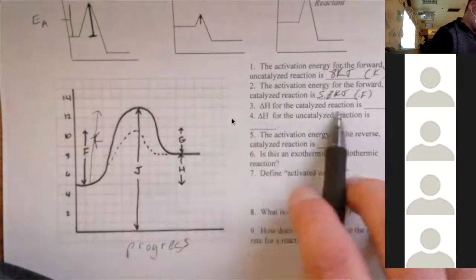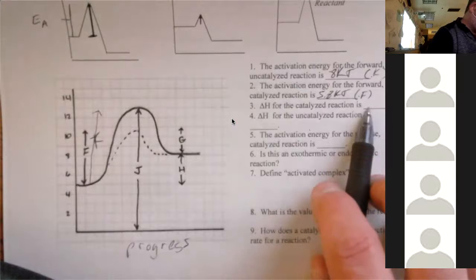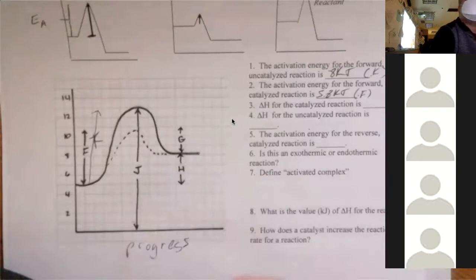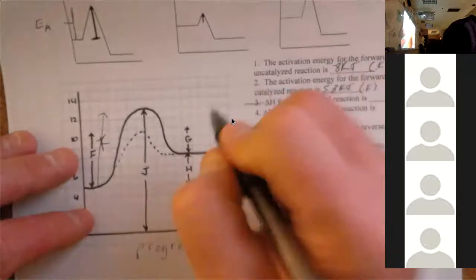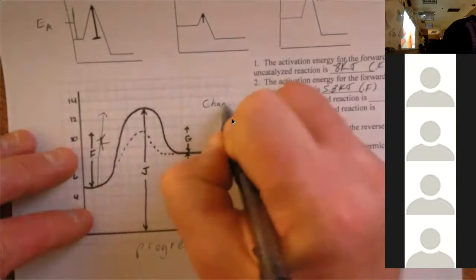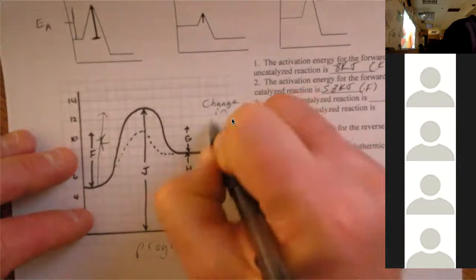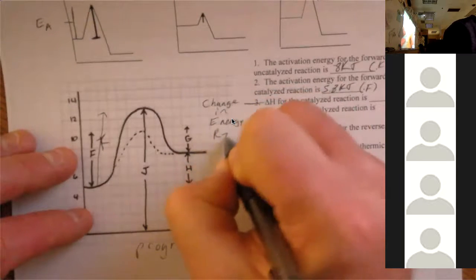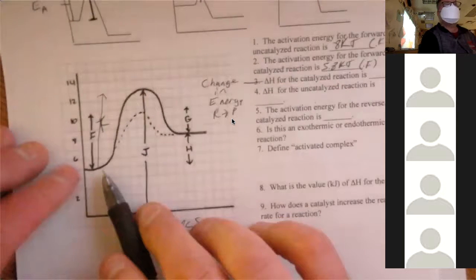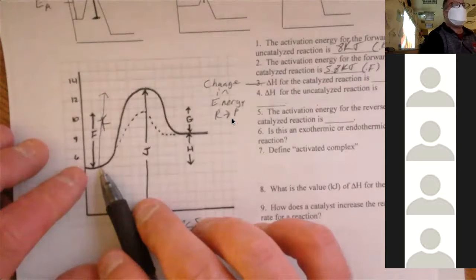Delta H for the catalyzed reaction is, let's take a look. Remember delta H from last semester? That is a change in energy overall in the system. So if we take a look, this is how much energy the reactants have.